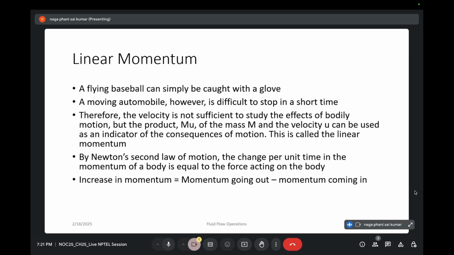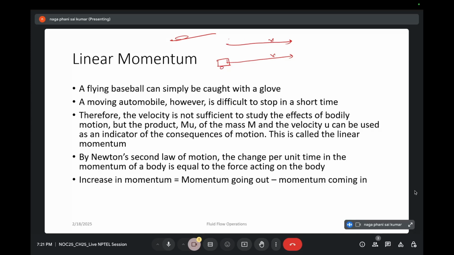Okay, so let's take two real life examples. One, a ball which is thrown horizontally with a velocity v, and a car which is moving with the same velocity v.